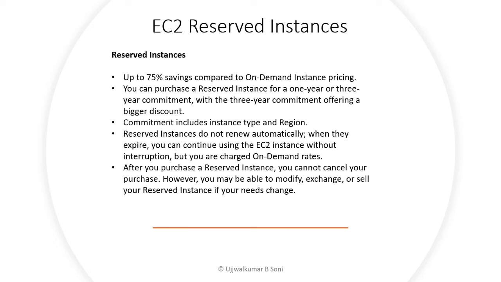Okay, and reserved instances do not renew automatically. When they expire, you can continue using the EC2 instance without interruption, but of course you are charged on-demand rates for that. And after you purchase a reserved instance, you cannot cancel your purchase. However, you may be able to modify, exchange, or sell your reserved instance if it needs some change.